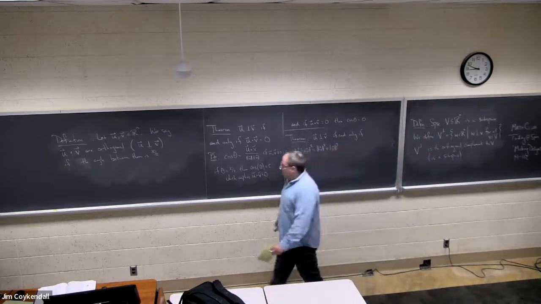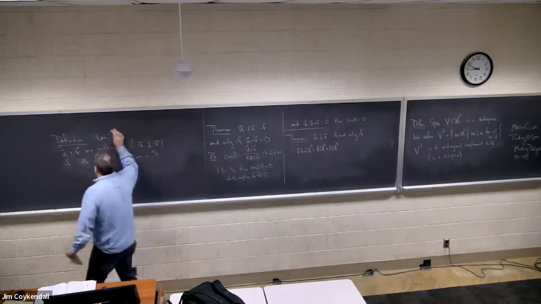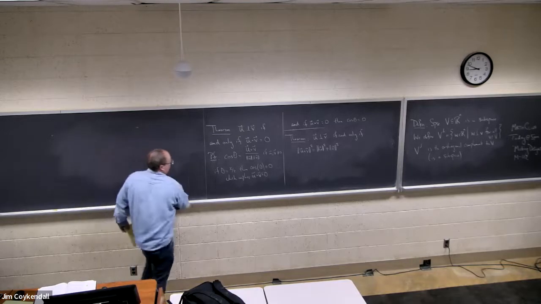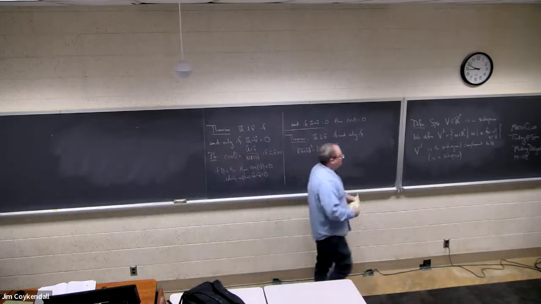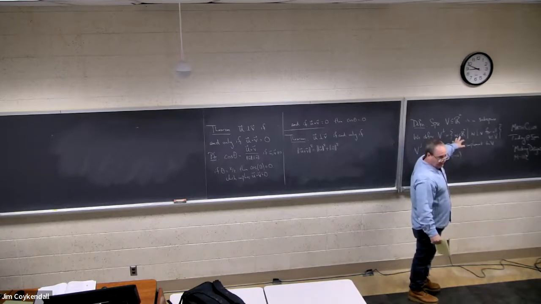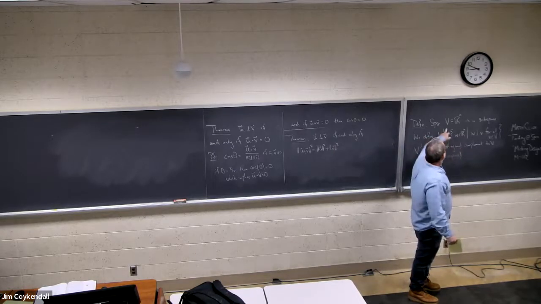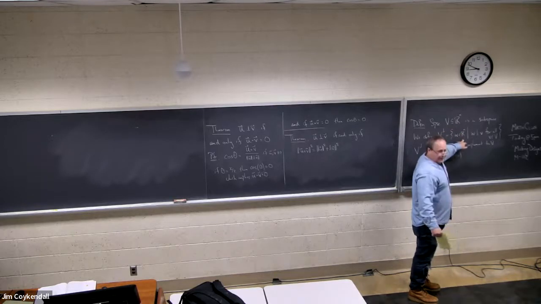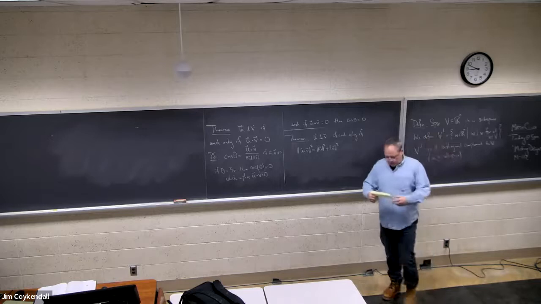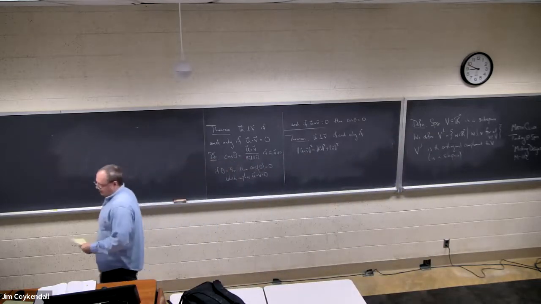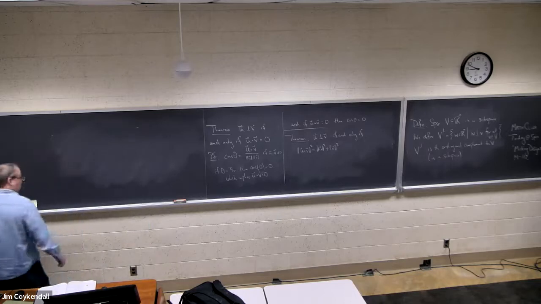Let me point out a couple of special cases. If V consists only of the 0 vector, then V perp is everything, because everything is perpendicular to the 0 vector. On the other extreme, if V is all of Rn, then V perp is only the 0 vector. But if you have some subspace, then it's perfect.